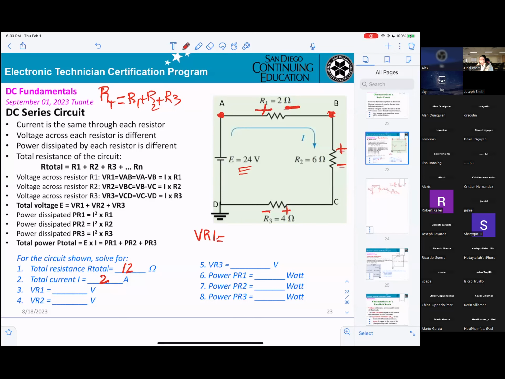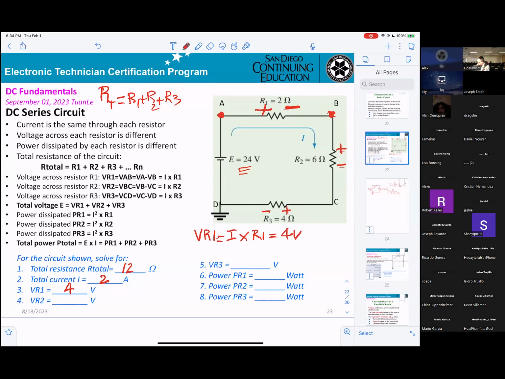You know the formula will be V equal I times R. For R1, that'd be 4 for number 3. Joule times Joule will be 4. Correct? Correct. 4 volt.